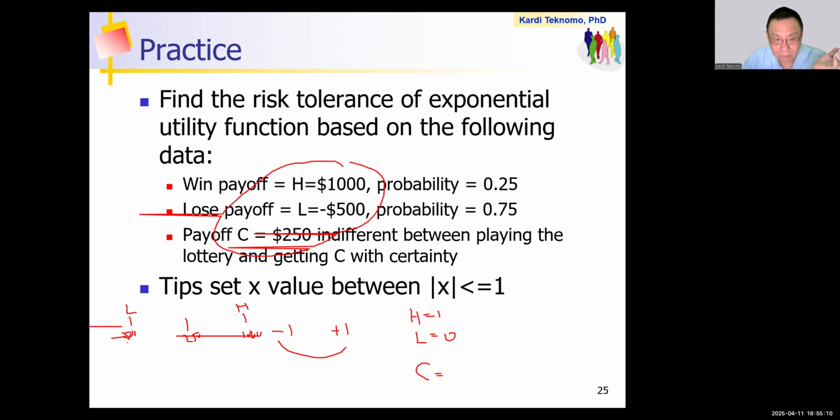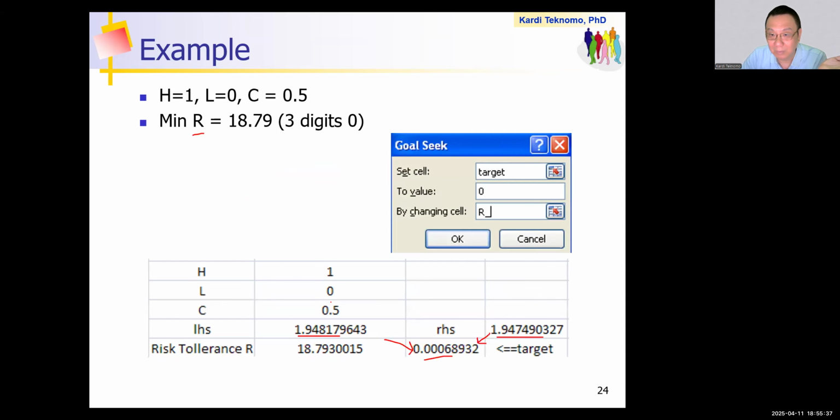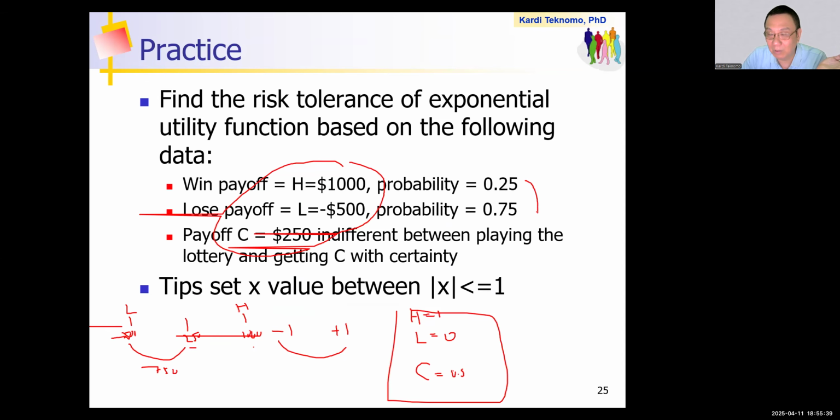So the difference is actually 750, right? From -500 up to 250, and then from 250 to 1000 is also 750. So in that case, C is 0.5 in this example. Once you have these three values, you do exactly the same as earlier, but now you use a different probability only. Is this clearer or not?